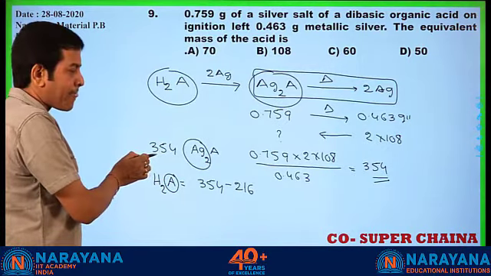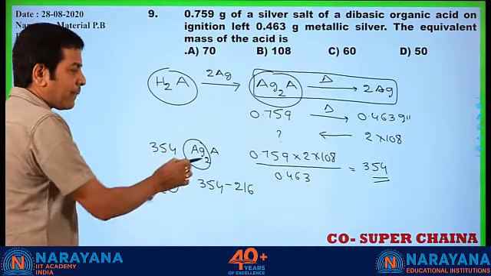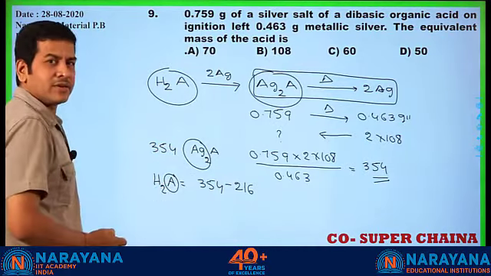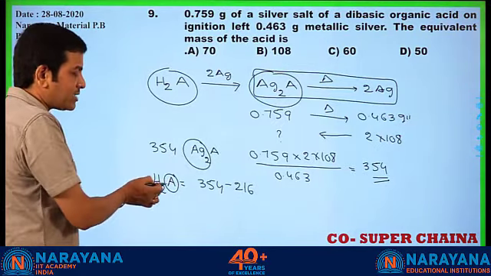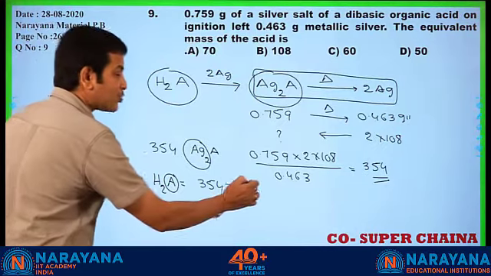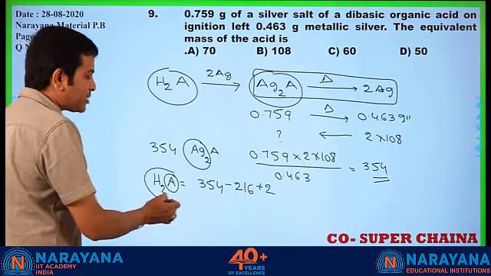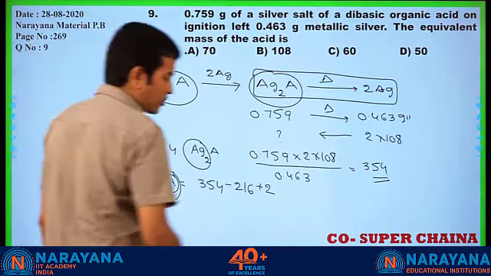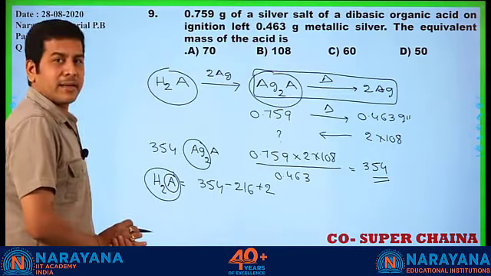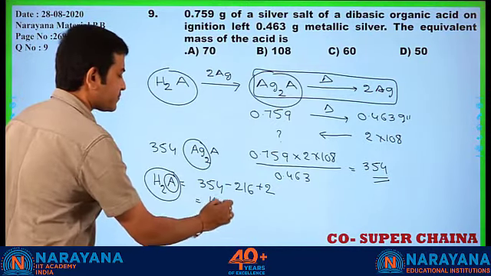Remove the 2 Ag weight, minus 216, then you will get only the A weight. Plus 2 gives the complete H2A molecular weight. So 354 minus 216 plus 2, its value is 140.